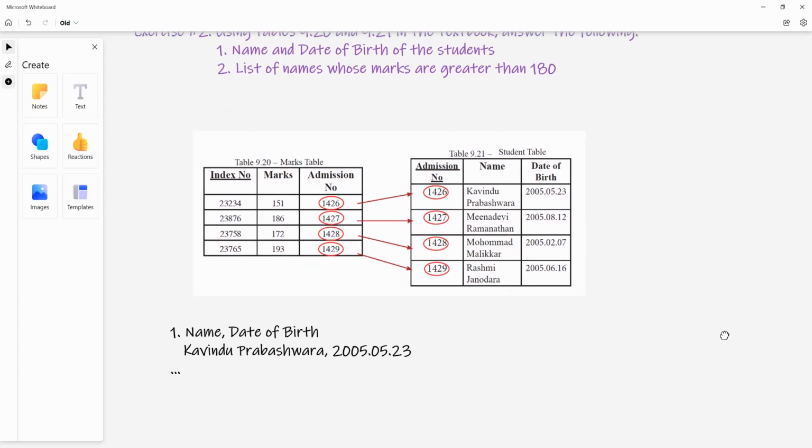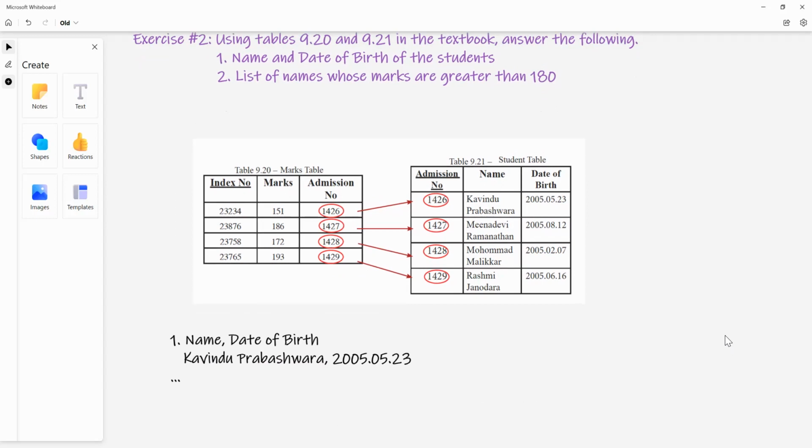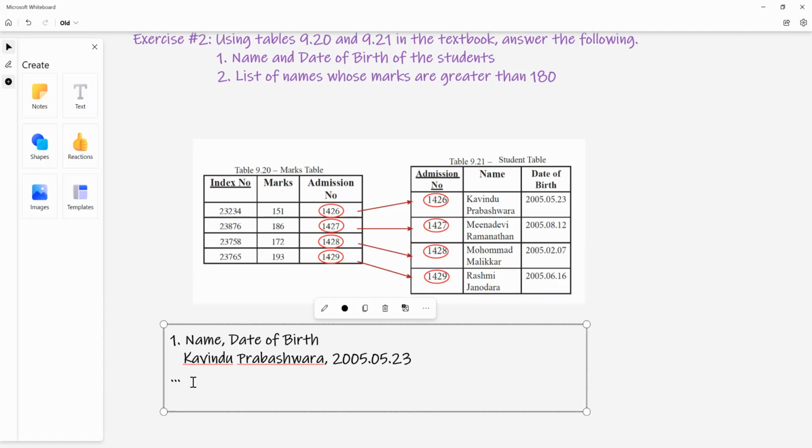Second one, list of the names whose marks are greater than 180. So you have to connect and see which are more than 180. First one, no. Second one, yes. Meena Devi. And then more than 180, no. Last one. So for the second one we have to get names.